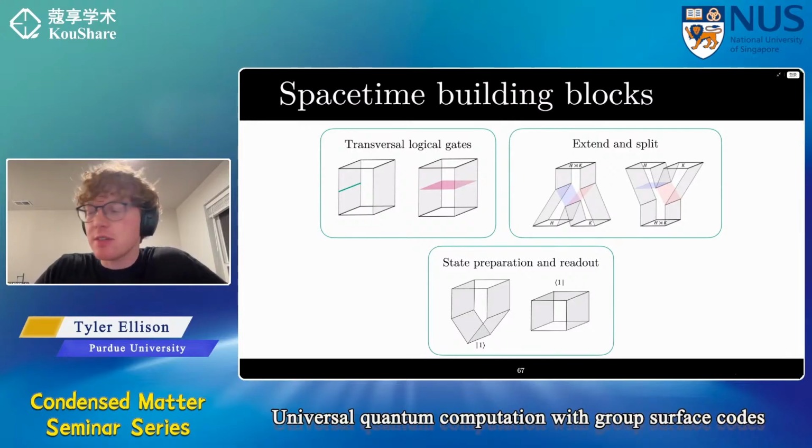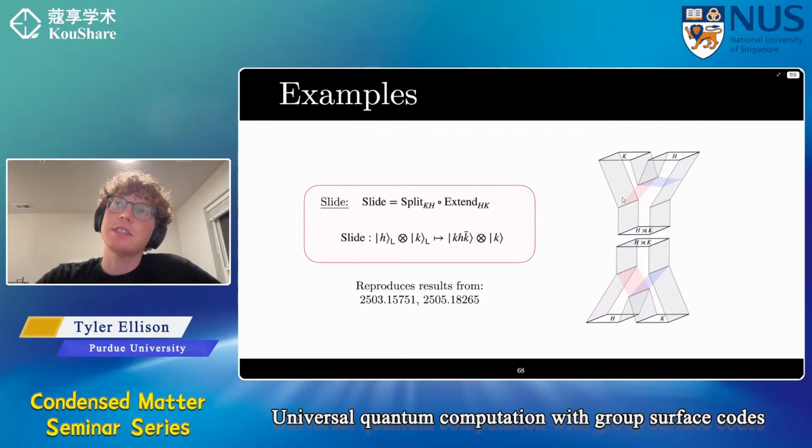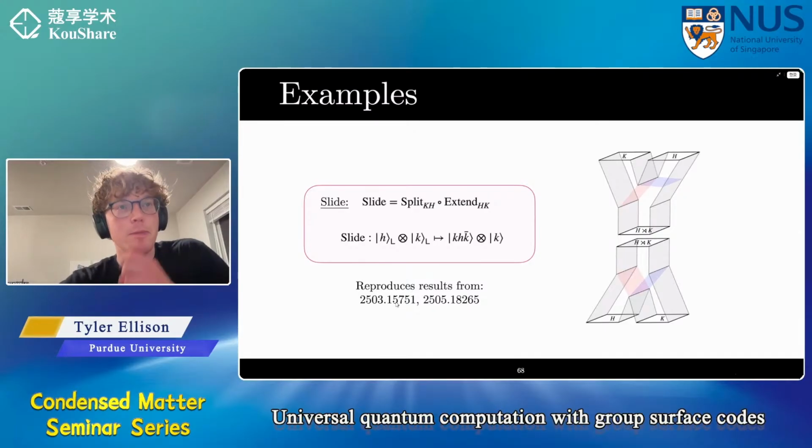Yeah. For example, I'm asking, suppose the group is S3 with 6 elements. Then using this framework, the number of logical states will be 6. Then you cannot organize them as an integer number of qubits.